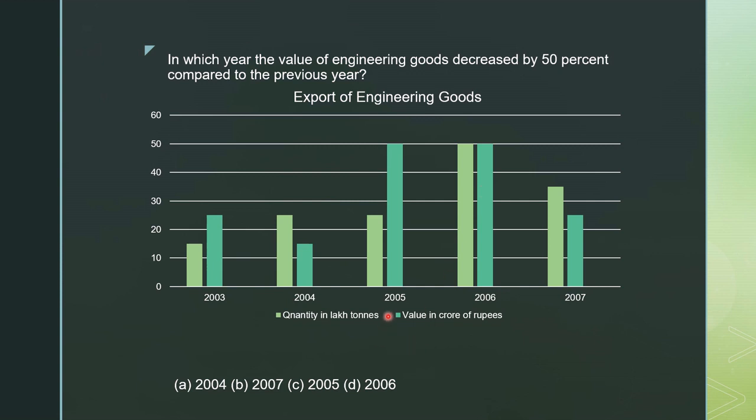Next option is 2005. When we consider 2005, the previous year is 2004. In 2004 it was 15, and in 2005 it was 50.